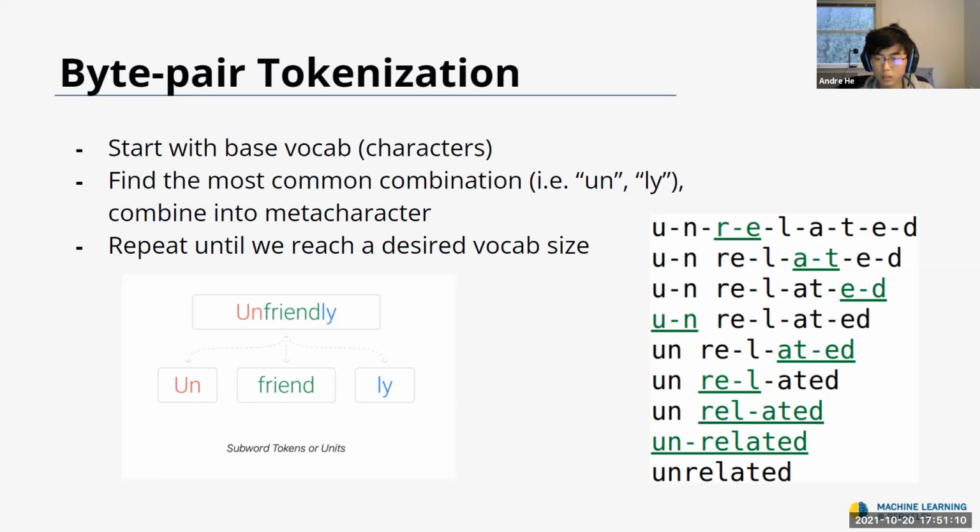You see AT and ED as two separate meta characters, and eventually they get combined into ATED as well. If you keep repeating this process, eventually everything will be combined together. But the reason you want to stop is because your vocabulary size keeps increasing. You just want to stop at the point where you think you've reached the appropriate size of vocabulary.